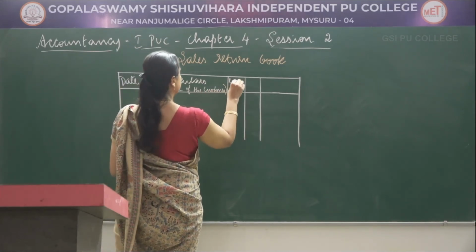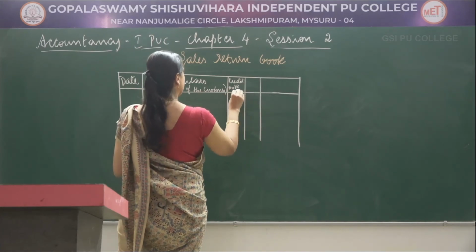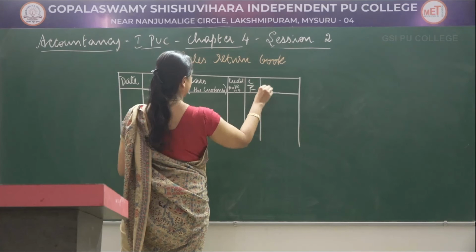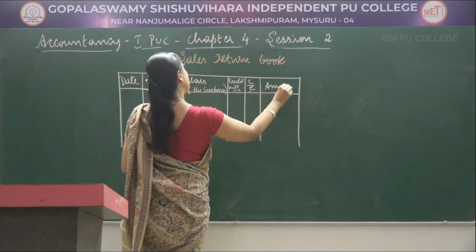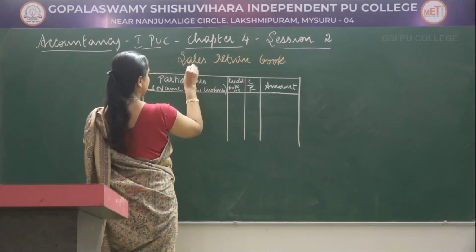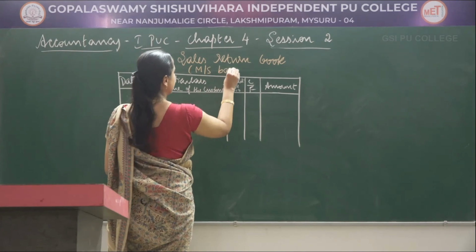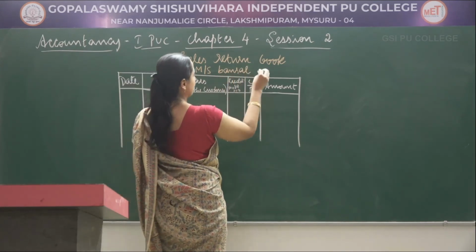Here we write credit note number, this is ledger folio, and this is the amount column. So now preparing sales return book in the books of Bansal Electronics.